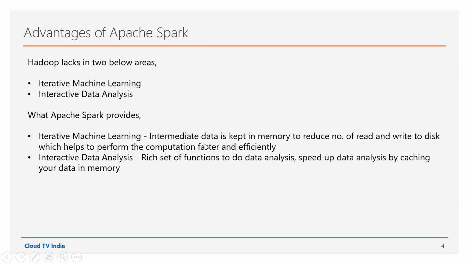So intermediate data is kept in memory in Spark, to reduce the number of reads and writes to the disk, which helps to perform the computation faster and more efficiently.